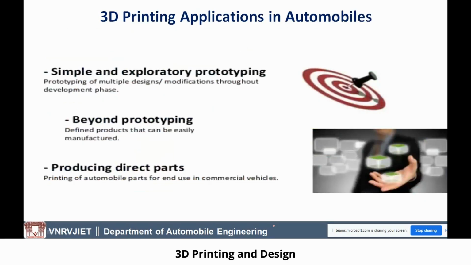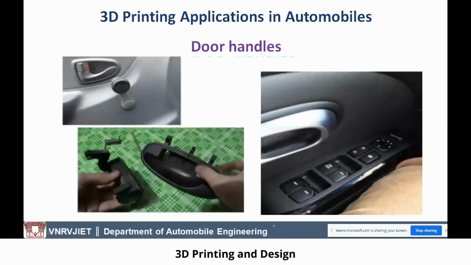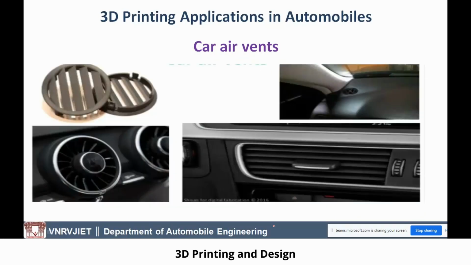Now I will concentrate on automobile applications. In automobiles, these are the components: door handles we can produce using 3D printing, FDM process especially. You can see most of the processes are FDM processes only.